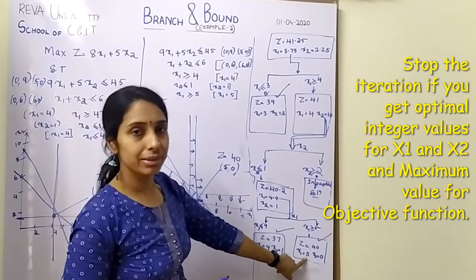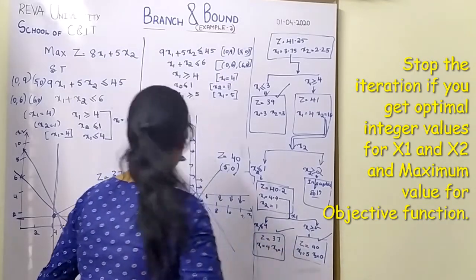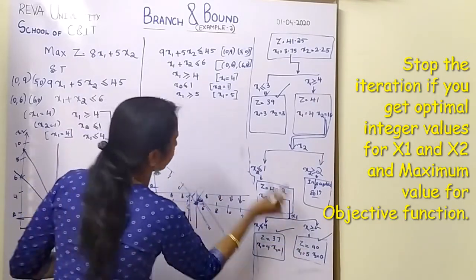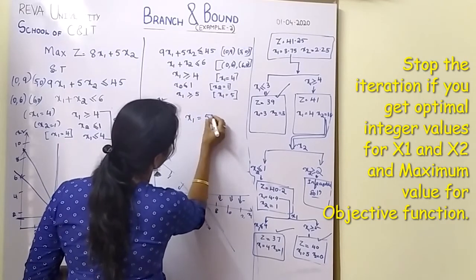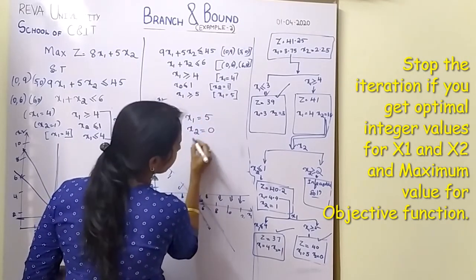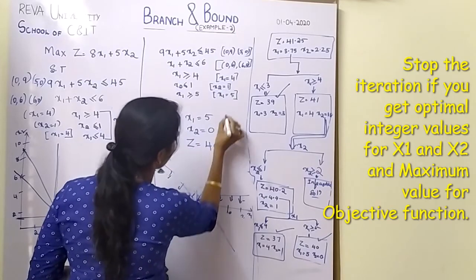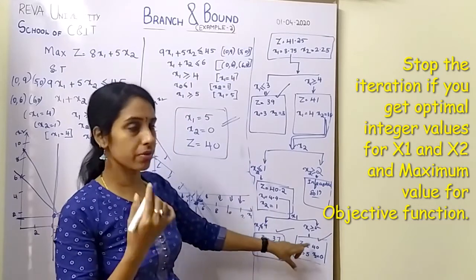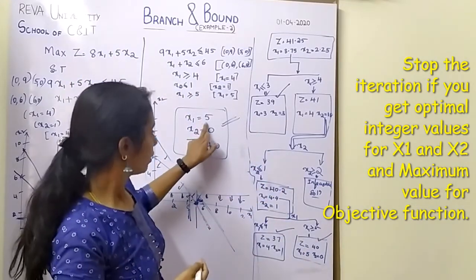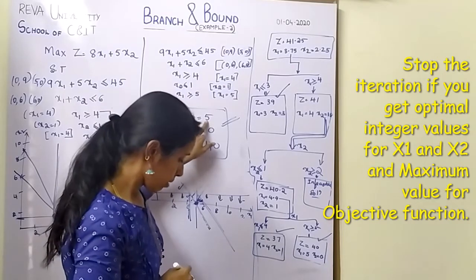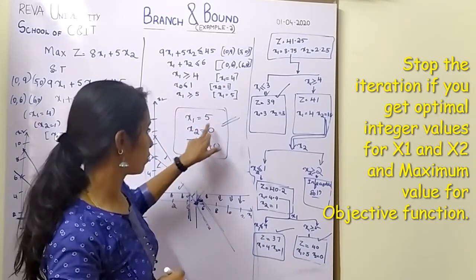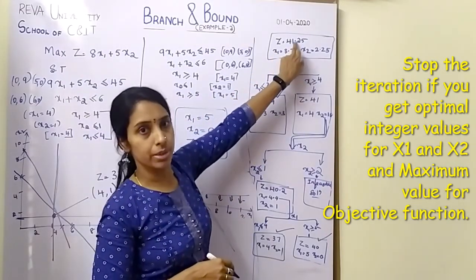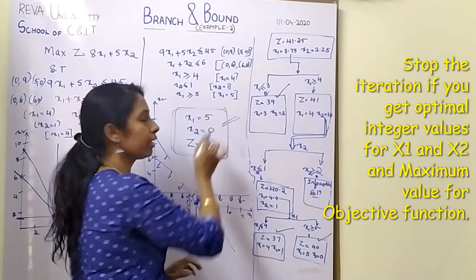So the final answer is we'll be considering x1 is equal to 5, x2 is equal to 0, z is equal to 40. These three are also answers, but this gives the maximum optimal solution, and it is within this also. So this is our final answer.